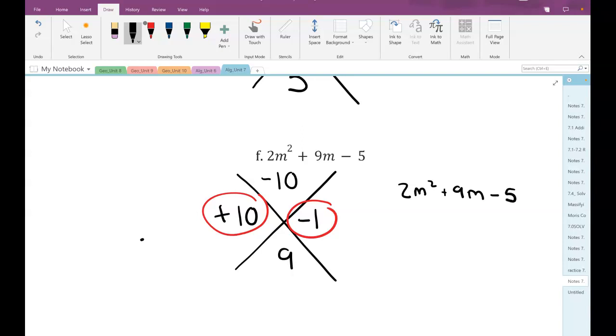And we're going to split the middle term using the two numbers that we found on either side. So we would write 2m squared, and we're going to split this middle term, which is 9. Instead of writing 9m, we're going to write plus 10m, because we have a plus 10 here, and then a minus 1m here. Then we're going to keep filling in what we have left, minus 5.